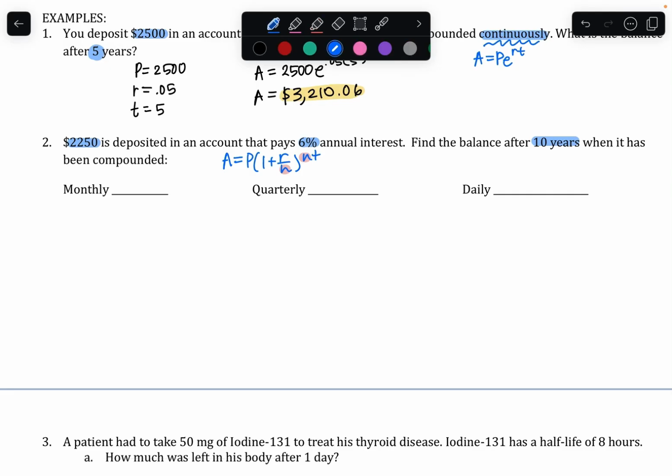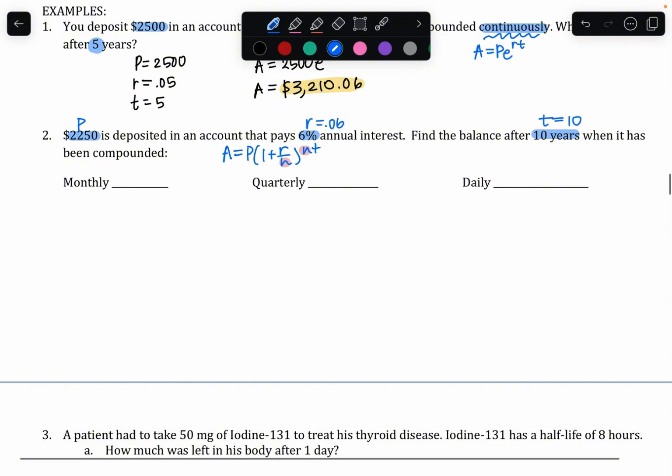Okay, and so in each case, we have our P value of 2,250. We have an R value of 0.06, and we have a T value of 10.